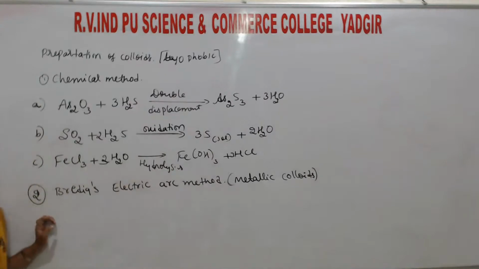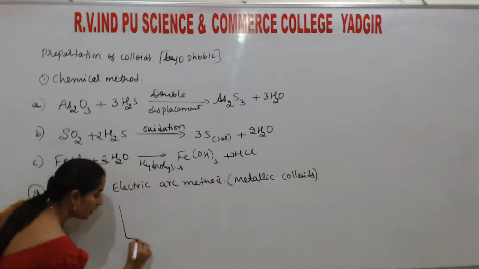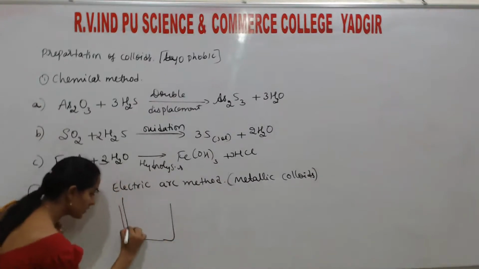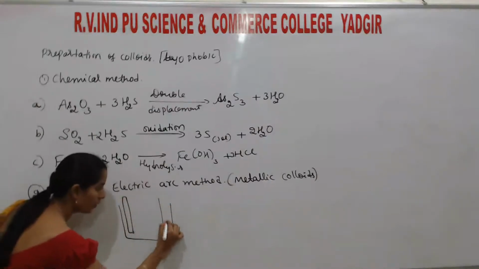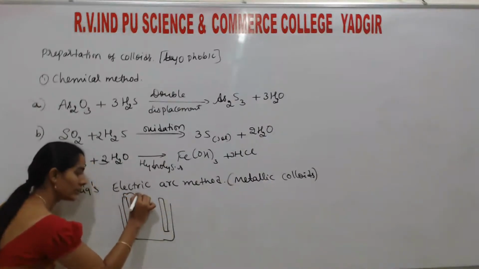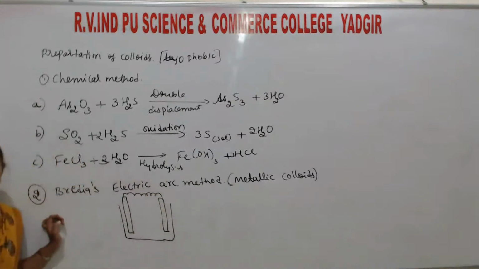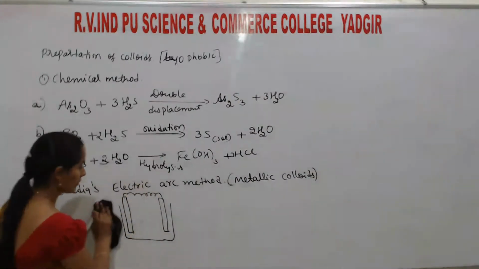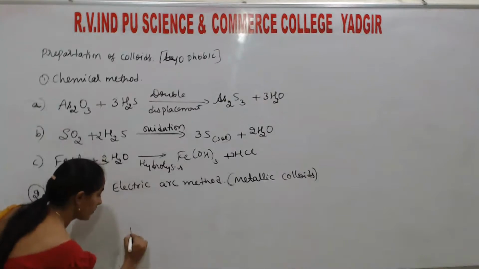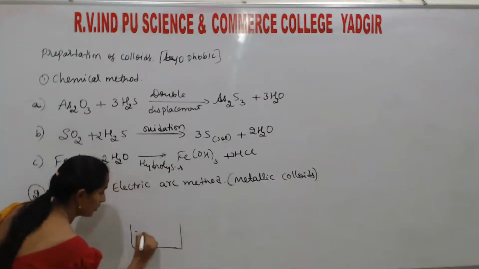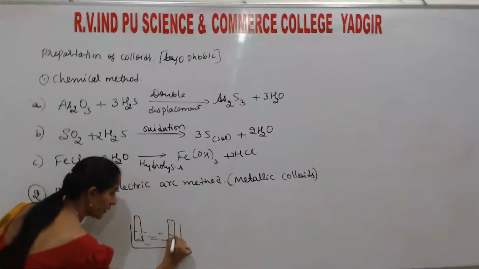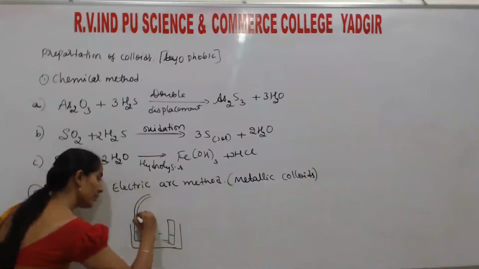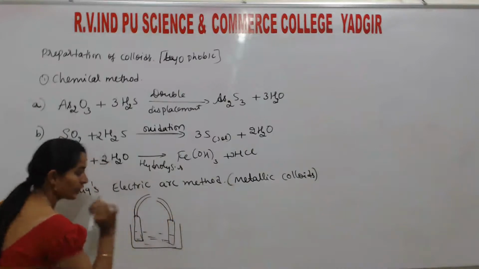So students, here there is an arrangement. A chamber is there which consists of two electrodes, cathode and anode, and here electricity is connected. They are connected to electrical current in the form of an arc. The electrodes are connected to the electricity, then they form an arc, that is an electric arc.